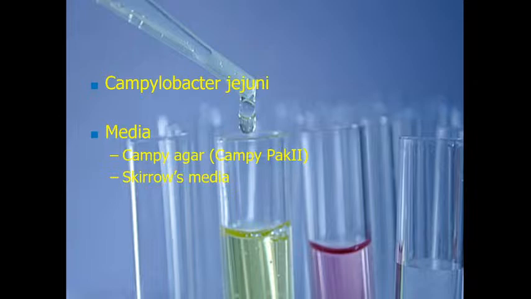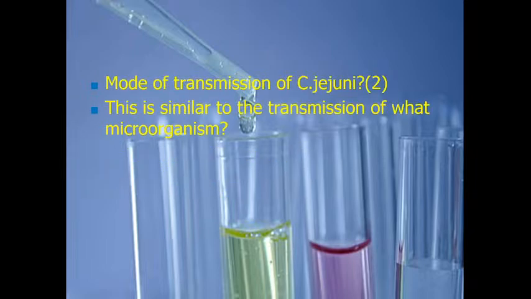the microaerophilic packets. Okay. Now, let's talk about the mode of transmission of Campylobacter jejuni. There are two ways you can get Campylobacter jejuni. As I mentioned before, it is a member of the Vibrionaceae family, so it's capable of living in water. So, ingestion of contaminated water or ingestion of contaminated poultry.